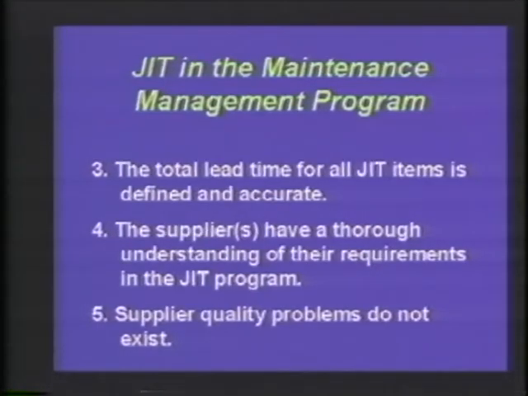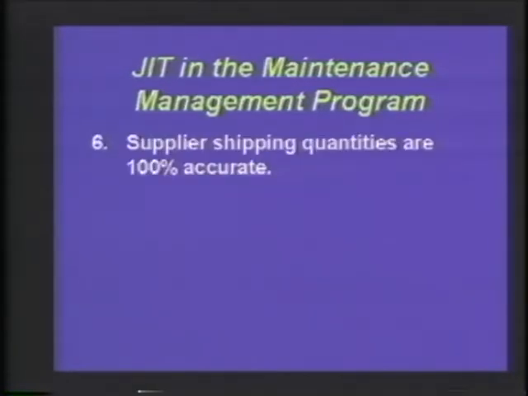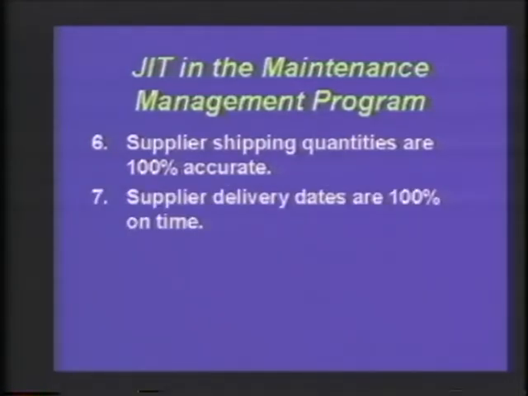And then you're going to ultimately certify the vendor based upon his or her highest quality. And item 6 is the quantities that you're receiving are accurate. And item 7, the due dates are met 100%. Those are the key basic criteria, not only to give certification, but to support JIT.